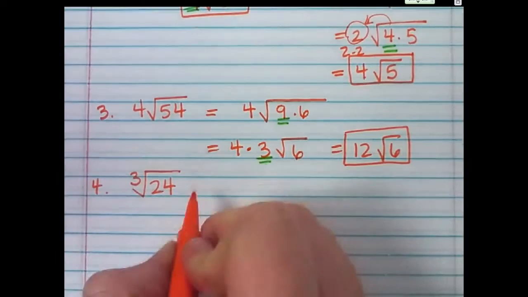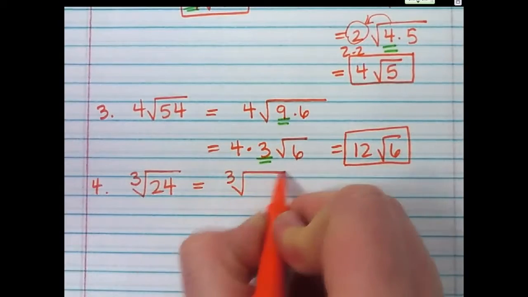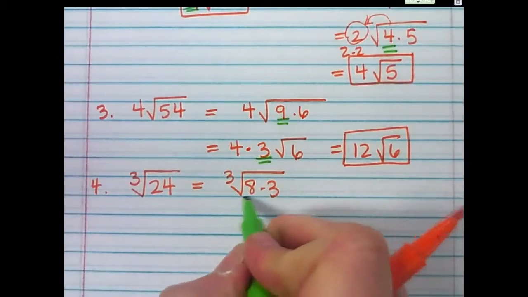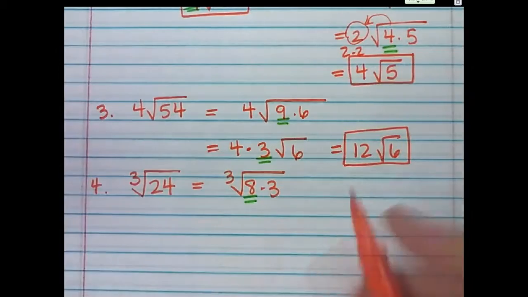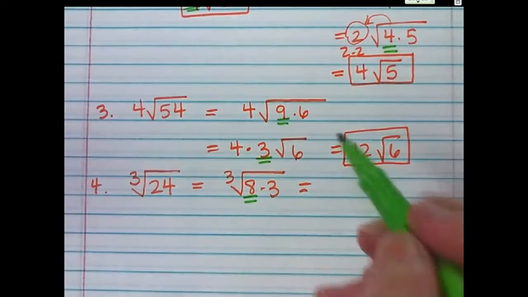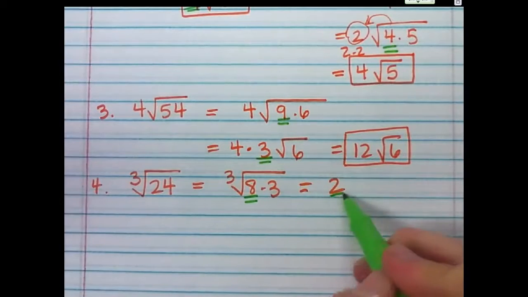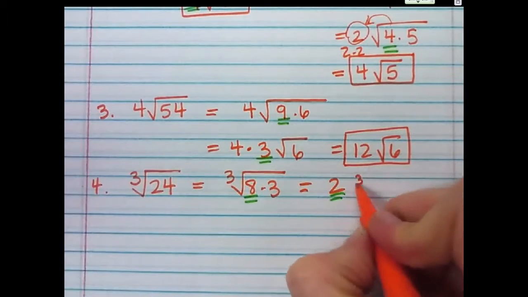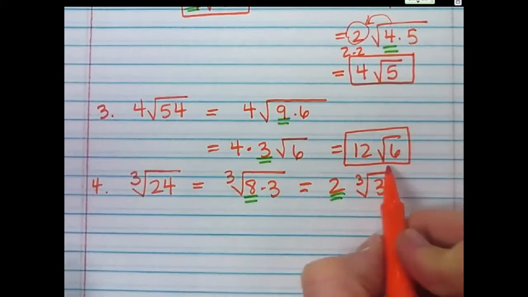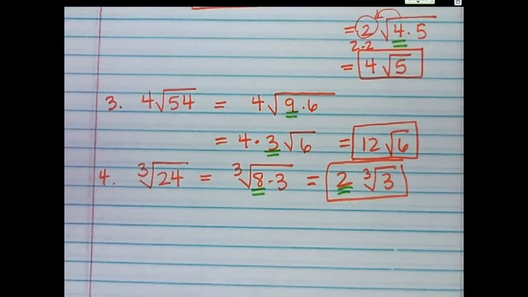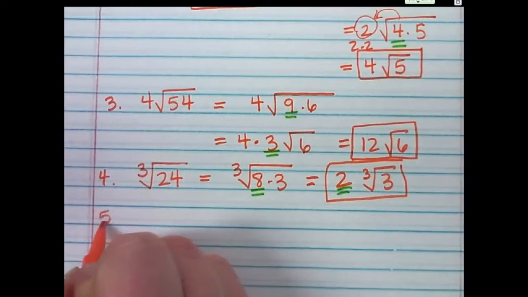So 8 times what? 8 times 3. What's the cube root of 8? 2. So I put 2 on the outside, and then the 3 stays on the inside. Cube root of 3. It's not horrible, right?